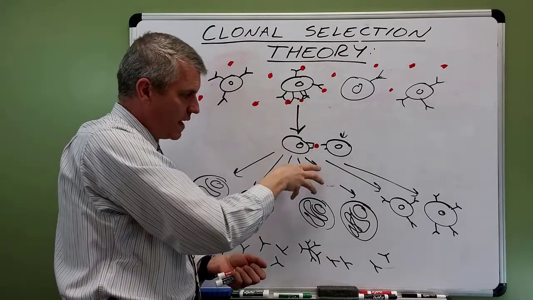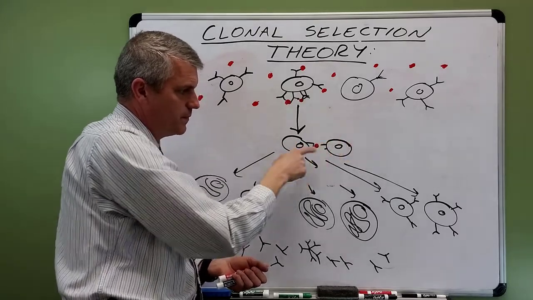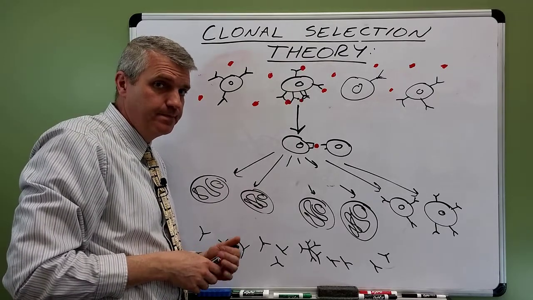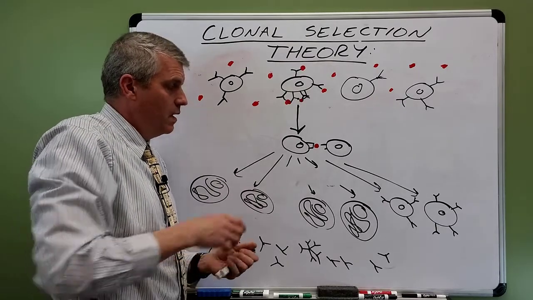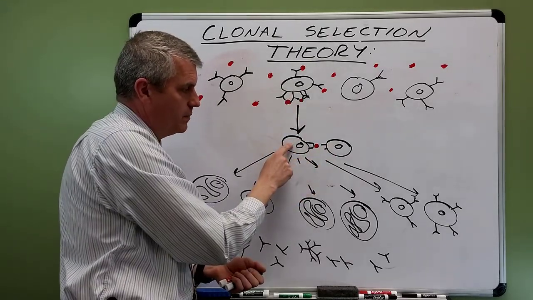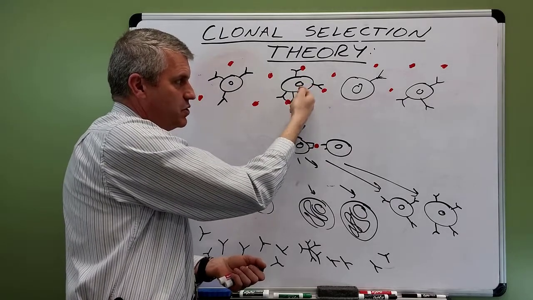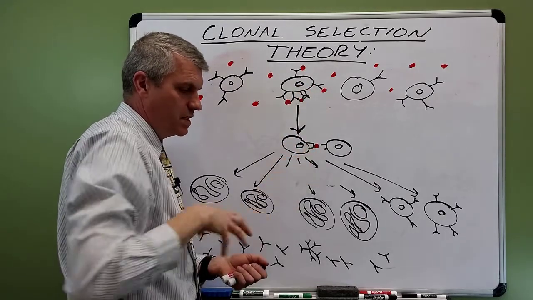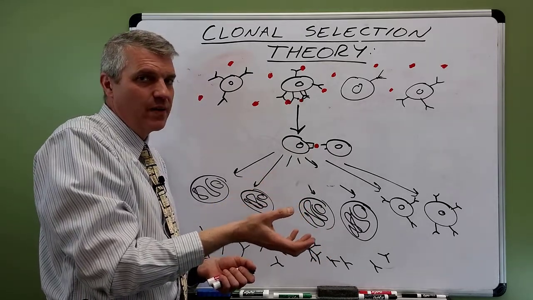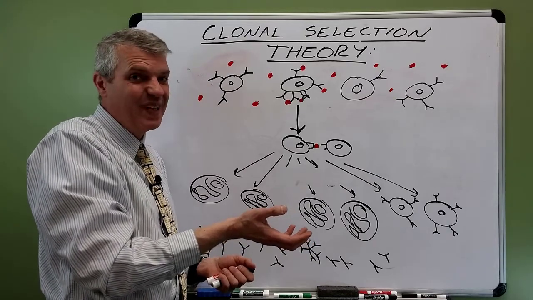And then what happens next? What's going on between these two cells? What's happening here is that this is that same B cell. It has engulfed an antigen, this alien antigen, and it's displaying it on what's called an MHC2. MHC, by the way, stands for Major Histocompatibility Complex.